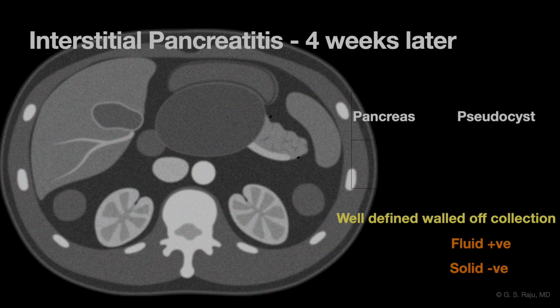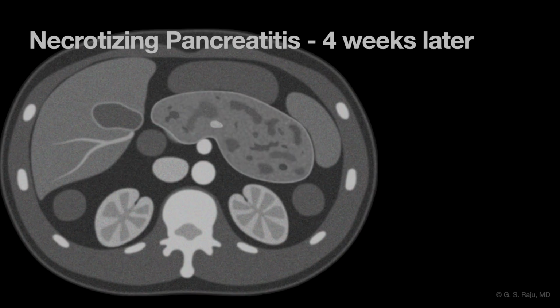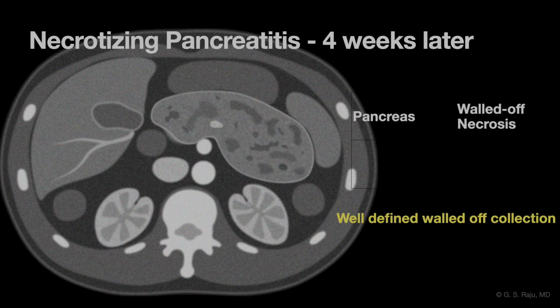That is pseudocyst. On the other hand, in necrotizing pancreatitis with necrotic fluid collection, after 4 weeks, it may get walled off, known as walled off necrotic fluid collection, that is identified by the presence of both fluid as well as solid component.